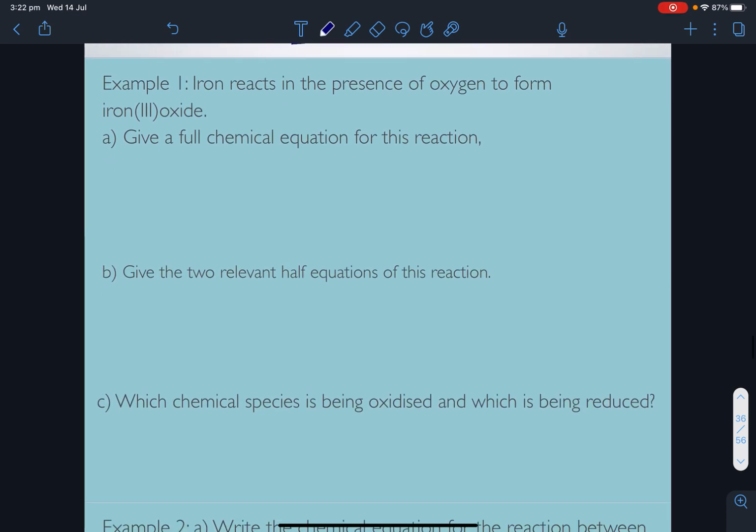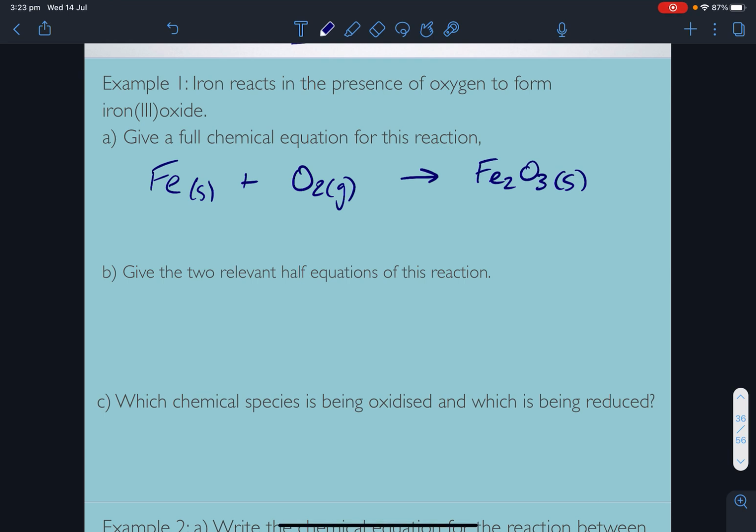Okay, let's do some examples here. Iron reacts in the presence of oxygen to form iron 3 oxide. Give a full chemical equation. Okay, iron, presence of oxygen, O2 gas, iron 3 oxide, Fe2O3 solid.